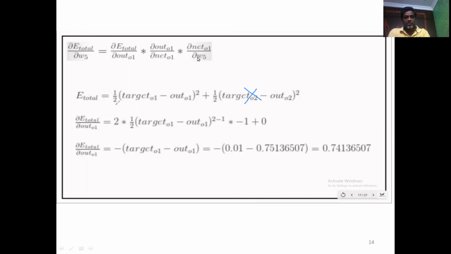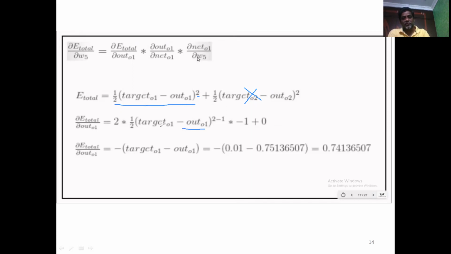And you need to apply the partial derivative over here. How will you calculate the partial derivative on this? It is going to be 2 into half, because we have the whole square, 2 into half into target O1 minus out O1, because it contains the term out O1, whole power 2 minus 1, into the derivative with respect to out O1, which gives minus 1 here.